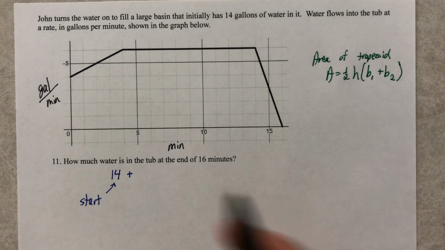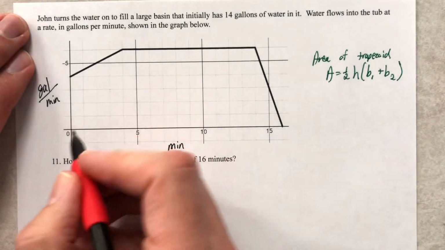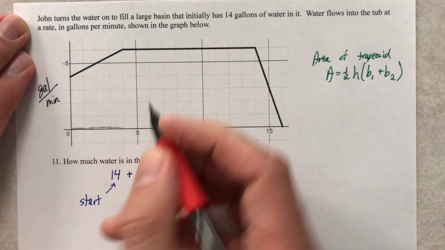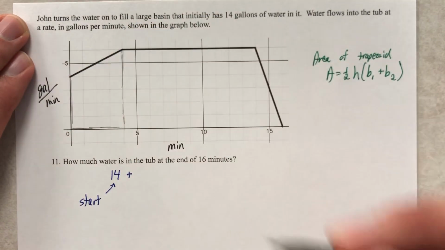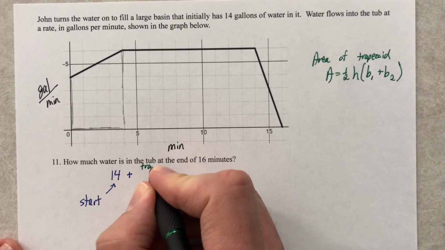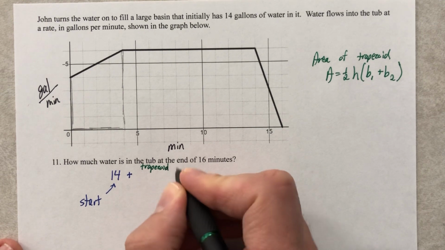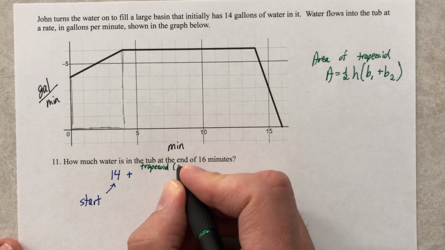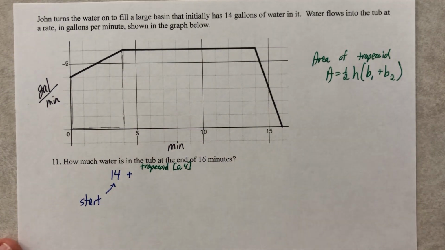And in this case, this is the height, and these are the bases. I didn't leave myself much room for doodling, but I'm going to put trapezoid, and it is from 0 to 4. Okay, just using interval notation here.